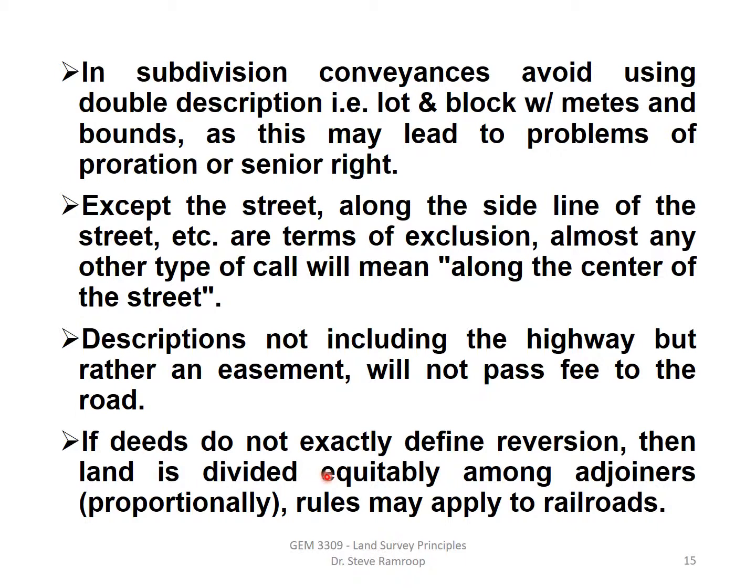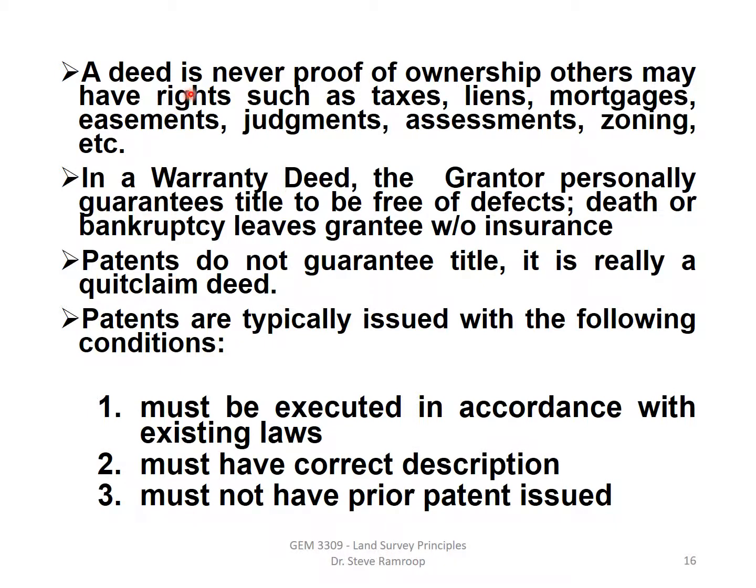If deeds do not exactly define reversions, we talked about in previous chapters, if an easement becomes nullified and you want to revert back to the original boundaries, then land is divided equitably among the adjoiners, and there are various rules that apply in terms of proportionate measurement, and also these rules apply to roads and railroads, etc.